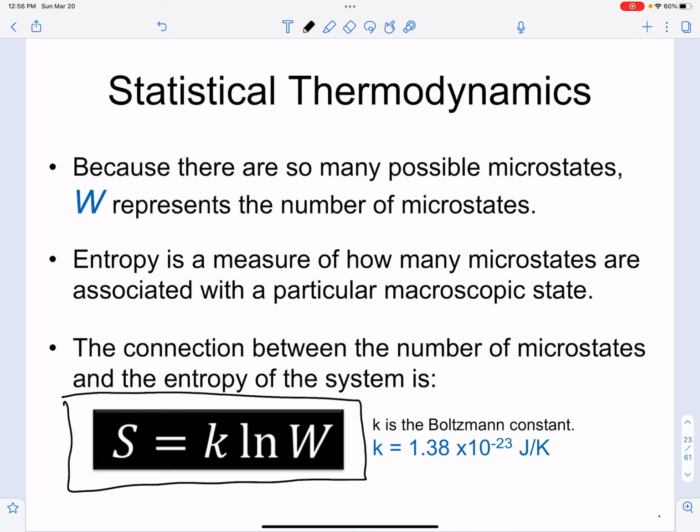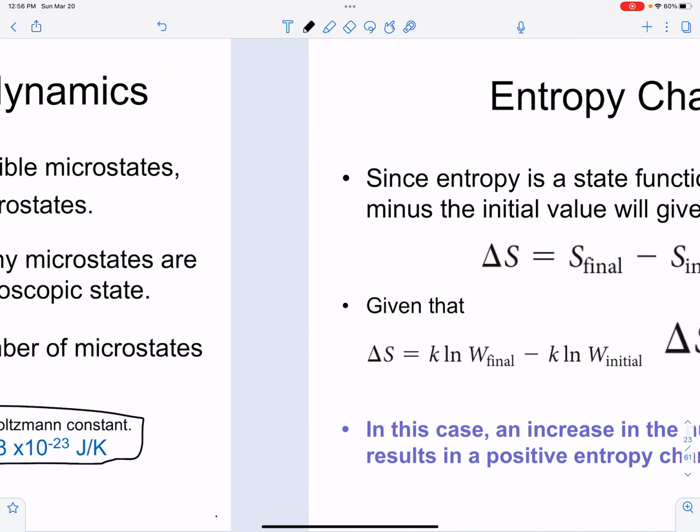We're not going to go too deep into this formula. Just be aware that there's a formula that allows you to measure entropy at the molecular level, and it uses the Boltzmann constant. You will probably see this in your homework system. We're not going to talk much about it in the lecture.